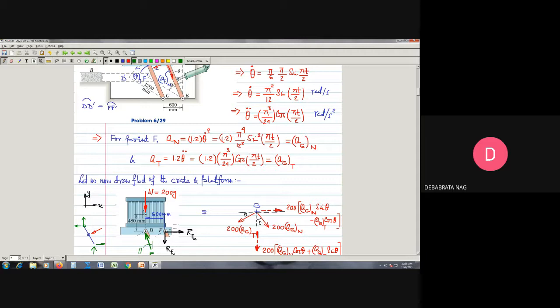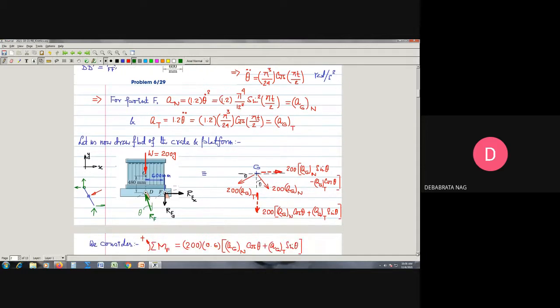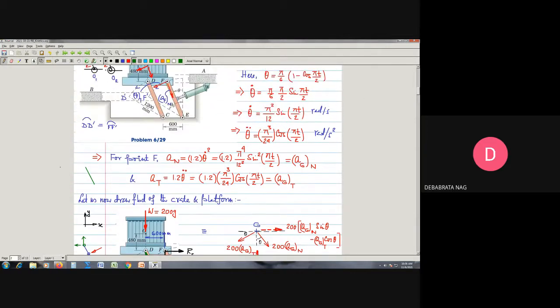On the other hand, if we draw the corresponding free body diagram of the crank DC, you will find that there are no other forces, because we have already neglected the self weight of these two links.